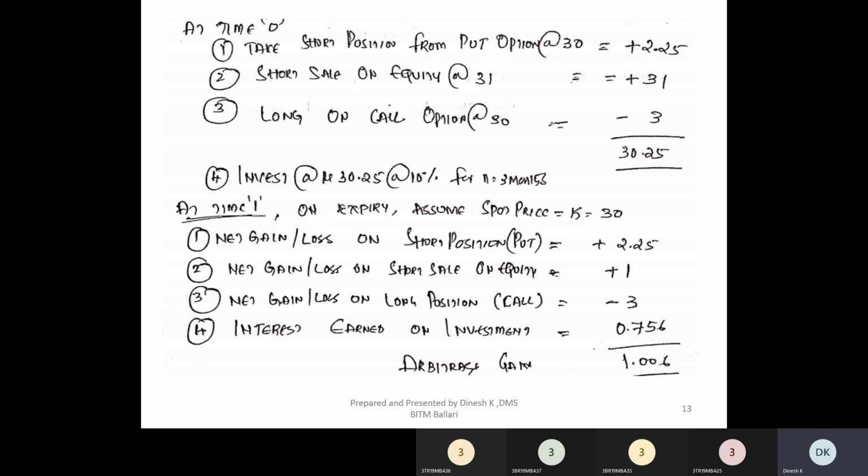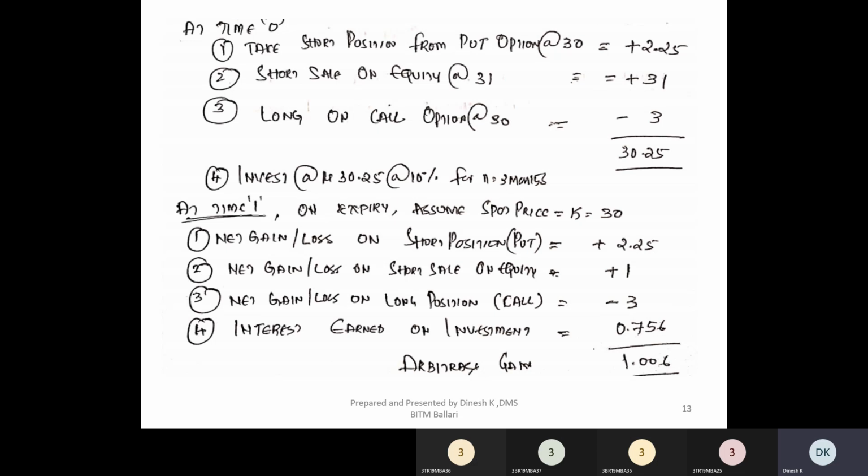The difference between the lesser price at which you are buying and giving back the share to the broker and the price at which you sold today would be the gain. If the price falls below 31, you will be making a profit on the short sale on equity. If the price goes up beyond 31, you will be making a loss on your short sale on equity.